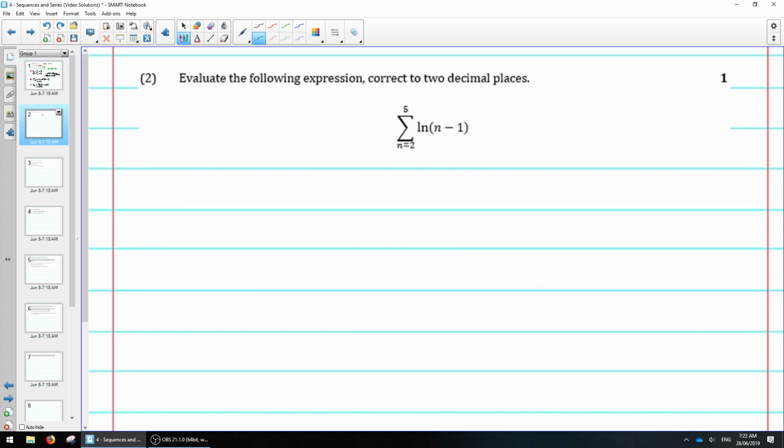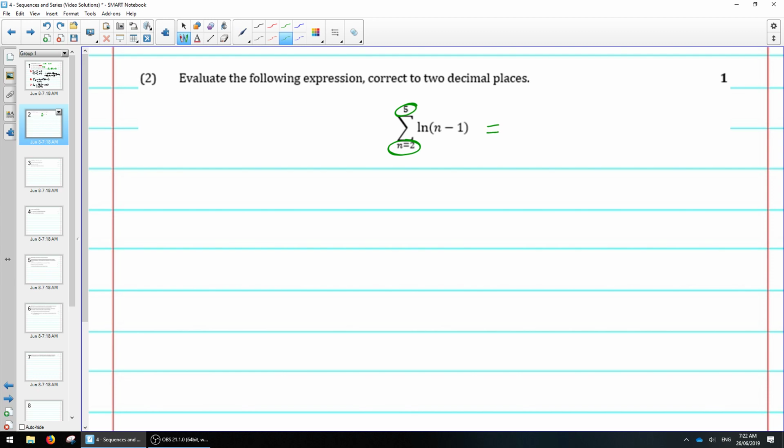Question 2, we want to evaluate the following expression correct to two decimal places. And this is a sigma, so it's meaning we're starting at 2 and going to 5. We're going to keep subbing in n equals 2, n equals 3, n equals 4, n equals 5, and just finding what that answer is.